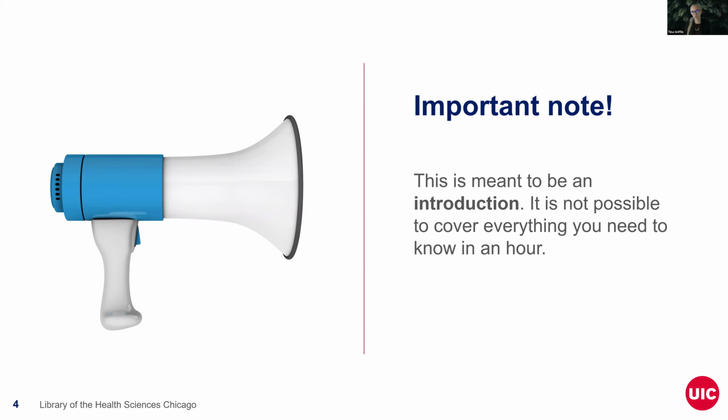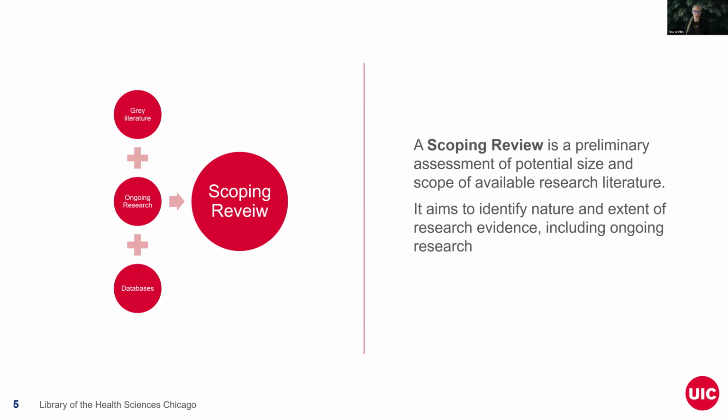So if you're interested in scoping reviews, you think you might be doing one, it's best to contact us and sit down and talk about your project in detail. We also have lists of resources that we can give you to dig into scoping reviews and other evidence synthesis projects in detail. This is just meant to be the broad, sweeping big picture of this type of work.